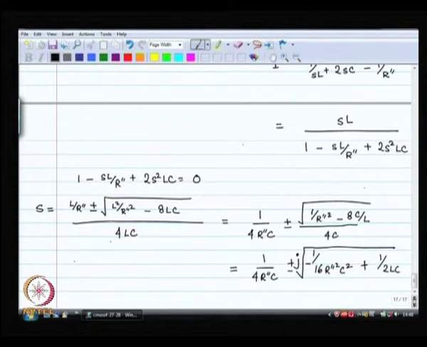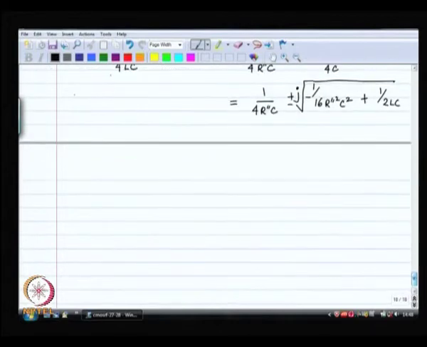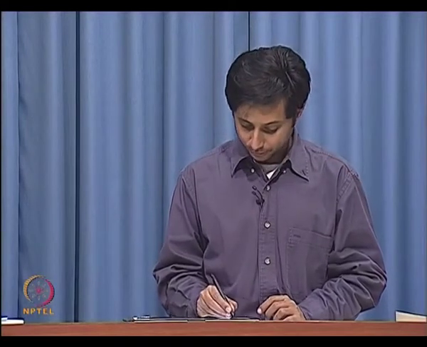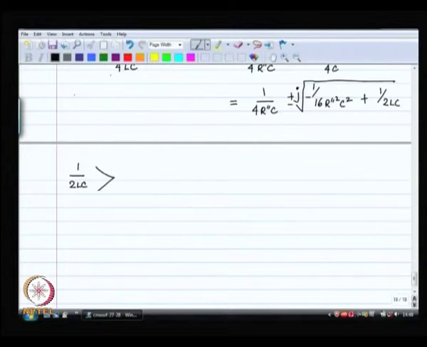So, as long as you make sure that 1 by 2 L C is greater than minus 1 by 16 R double prime squared C squared. If you can make sure of this, then that will mean that you will have two poles which are a complex conjugate pair in the right half plane.